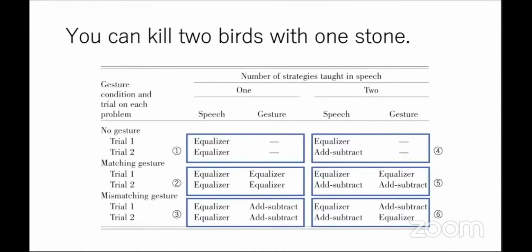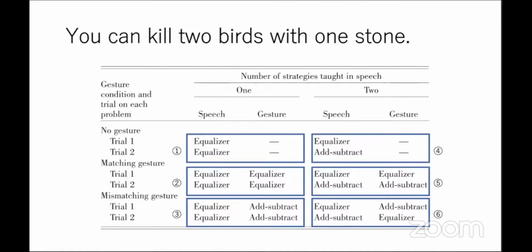Okay. So the researchers prepared 6 groups of learners. On the left side, they were taught only one strategy orally, which is equalizer. But in group 1, the teacher did not use any gesture. Group 2, the teacher used matching gesture, which means the gesture was also equalizer.